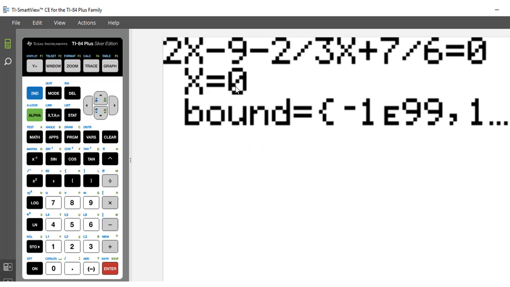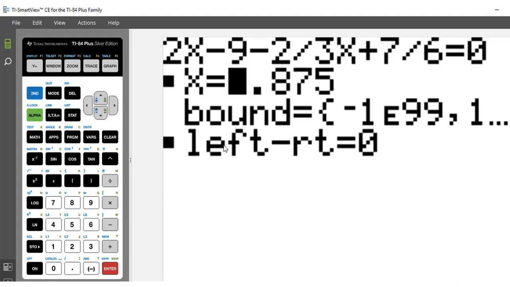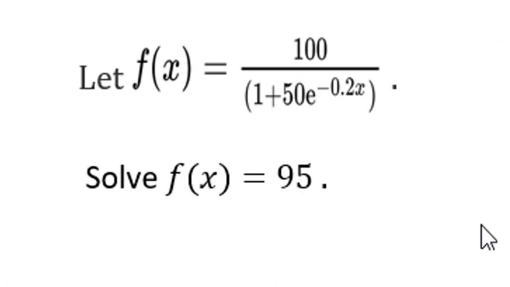For over here, just put any number you like, because when you use the equation solver, you have to guess the solution first. So I think this is a 10. Then I do the alpha enter. You will get the solution. That will be 5.875.